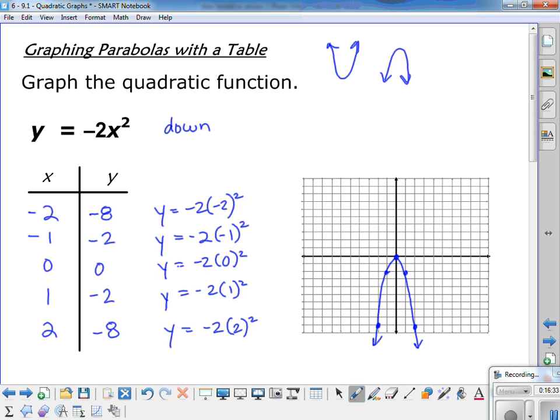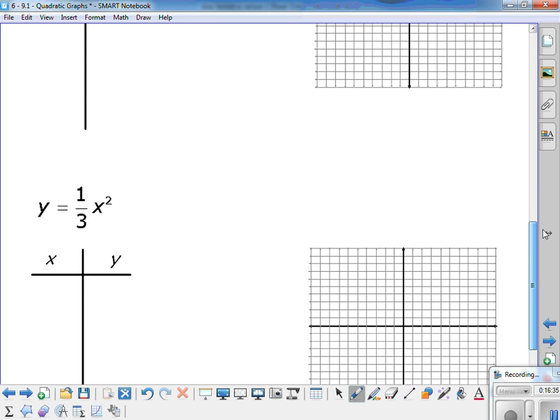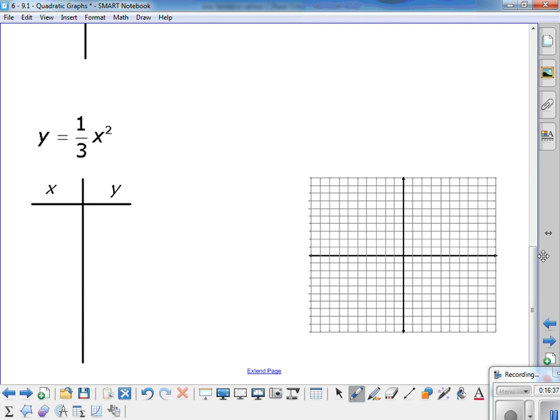All right, let's skip down to that last graph that has a fraction on it. Because in this case, if I choose -2, -1, 0, 1, and 2, am I going to end up with fractions? Are fractions easy to graph? No, they're a pain in the neck.